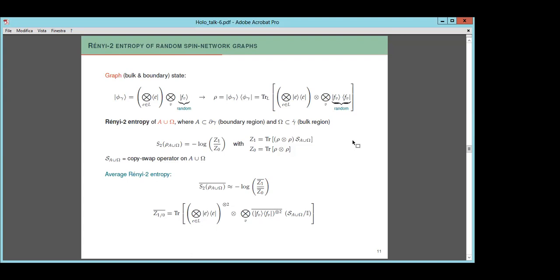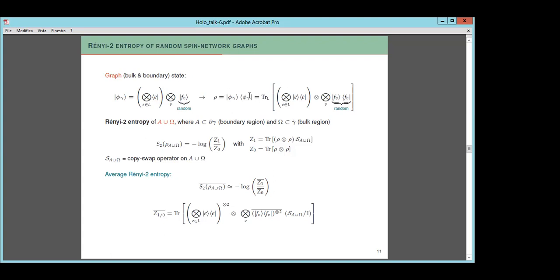Now we focus on the class of states I introduced before, so tensor network states, but with the further assumption that the wave functions associated to the vertices are picked randomly according to the uniform probability distribution. So here we have the state. Every wave function is a random wave function.